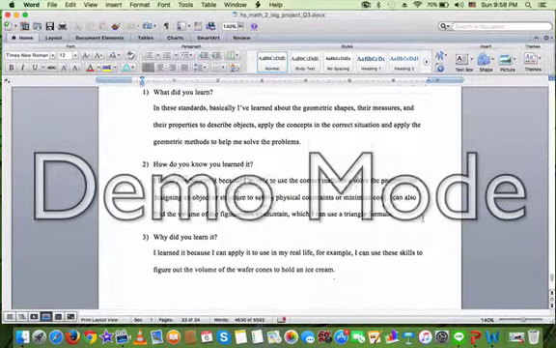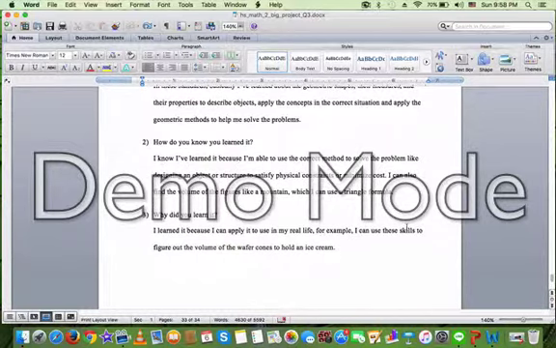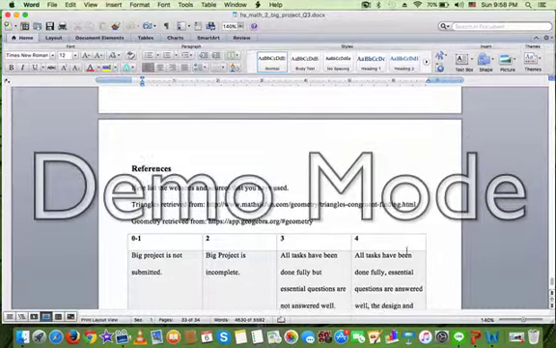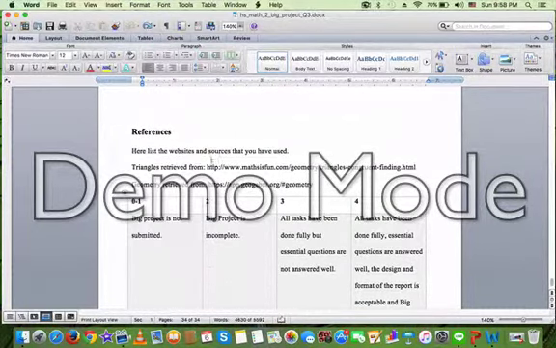I can also find the volume of figures like a mountain, for which I can use a triangle formula to find the volume of a mountain shape. And I can also apply it in real life. For example, use the skill to figure out the volume of an ice cream cone.